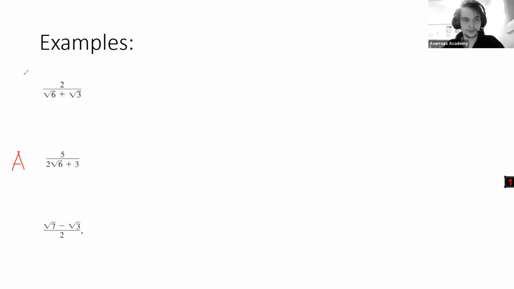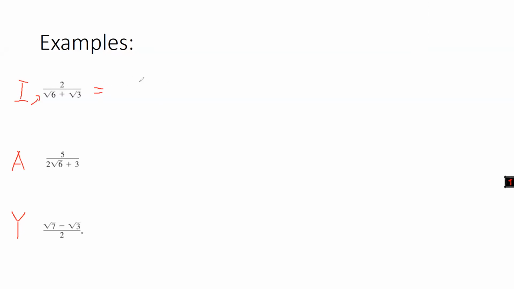And Yusuf, first or the last one? I'll do the last one. Okay. And I will do the first one. Can you draw on the screen? Yeah. Perfect. Then add your solution as soon as you finish. So here we're simplifying the denominator. The denominator is the one on the bottom.